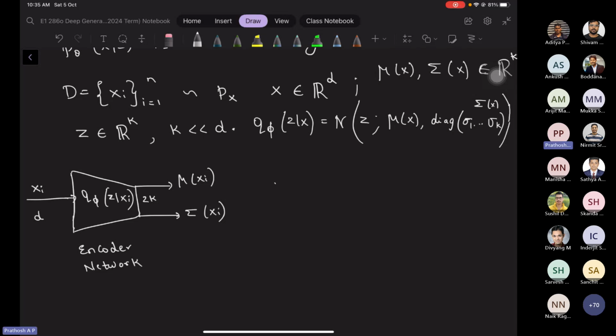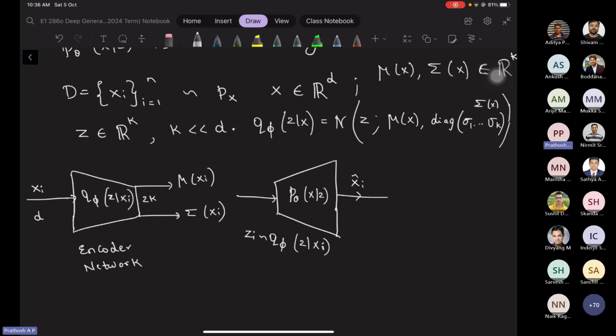But there is another neural network. We said that we also model p theta. This will take zi, which is a sample from q phi of z given xi, as input, and then this will model p theta of x given z. In this case, I'm assuming that this is modeled deterministically.